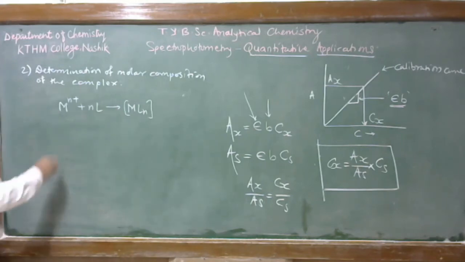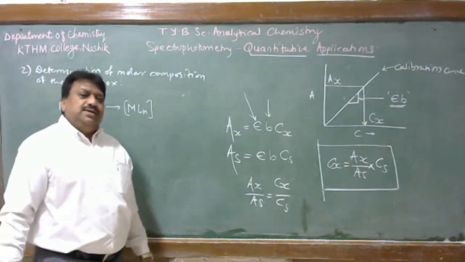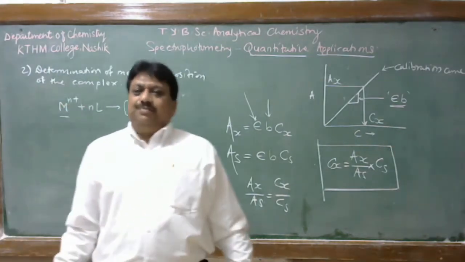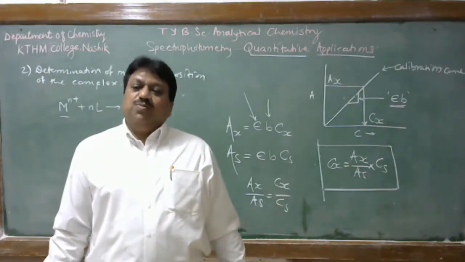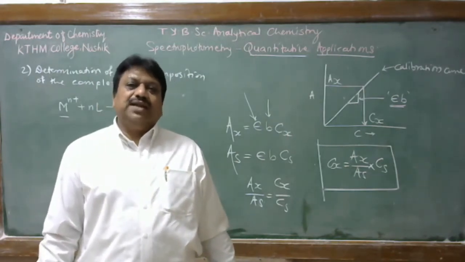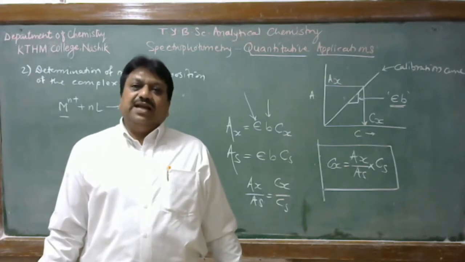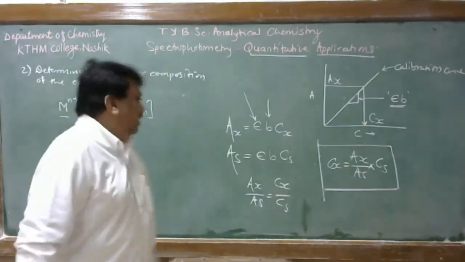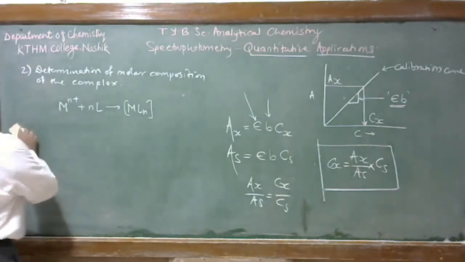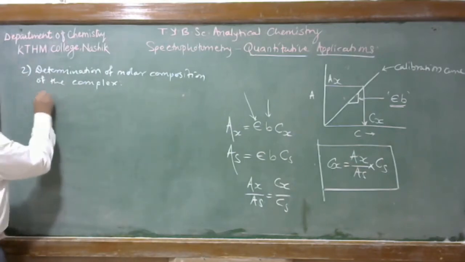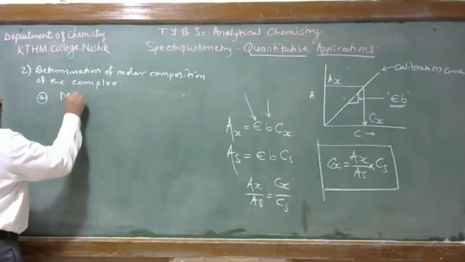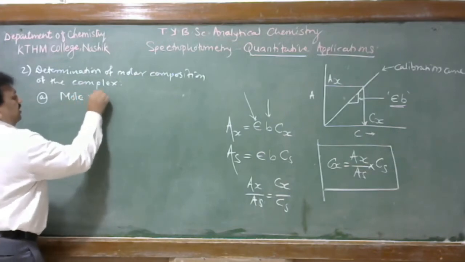Therefore, depending upon the coordination number of the metal ion, a number of ligands are joined to that metal ion. In this case we have to find out the molar composition, that is the ratio of metal ion concentration to ligand in a complex, and the first method for determination of this is the mole ratio method.